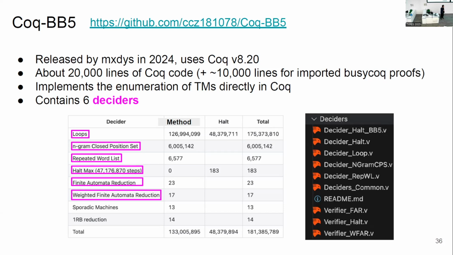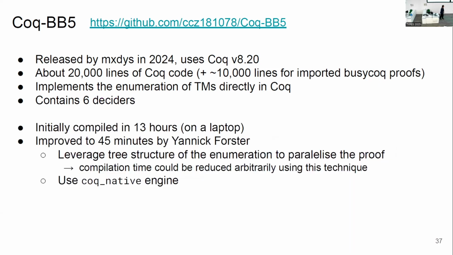Here we use weighted finite automaton, which are an extension of finite automata to non-regularity. It's also a nice separation with BB4, because for BB4, all machines are regular. So you have this nice regularity argument that separates 4 states from 5-state machines.